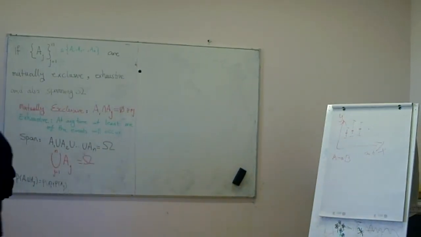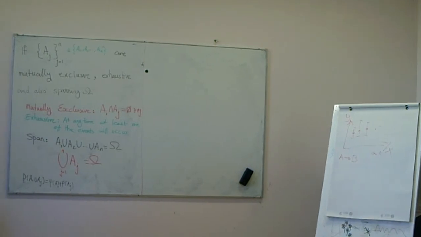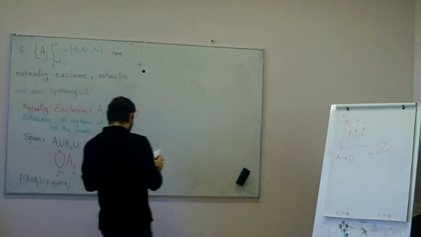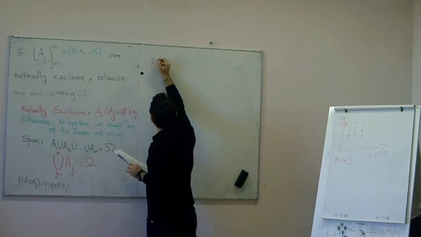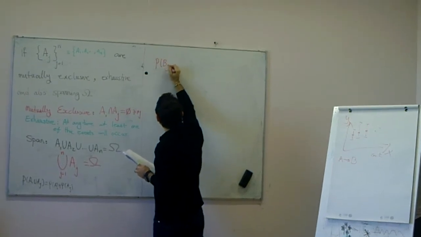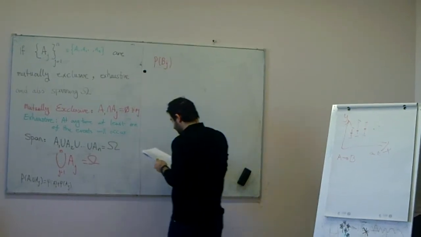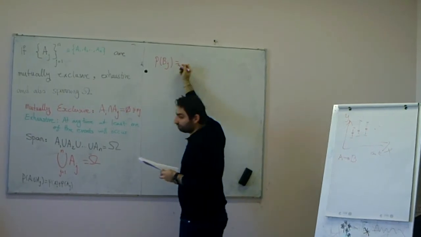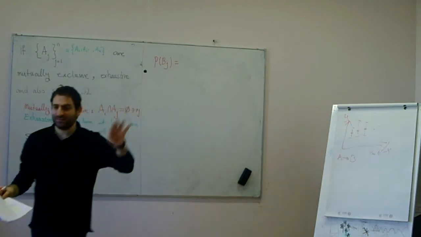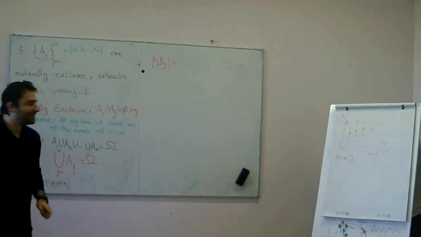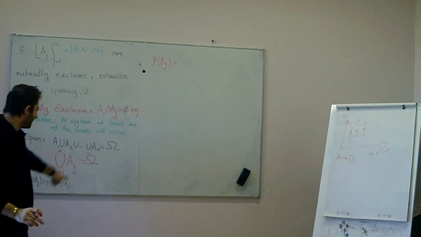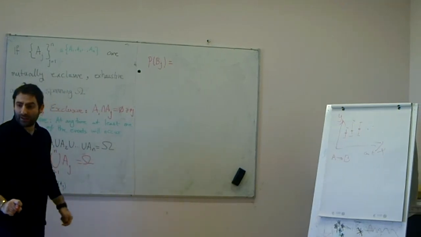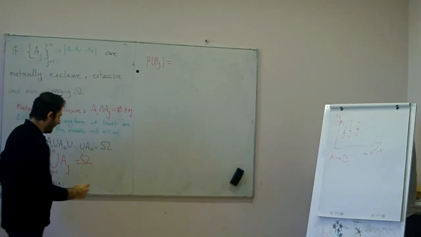Then we define P(B_j). Now, B_j is a set, which is definitely a subset of omega, right? Look here.